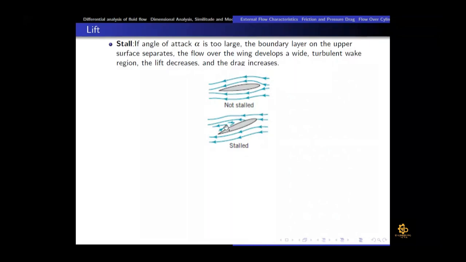So lift would be very high, but when we increase the angle of attack, we are also increasing the frontal area. What is the consequence of increasing the frontal area? Drag force would increase very high. So if the drag force is very high, then the aircraft cruising speed wouldn't be maintained. And when the cruising speed wouldn't be maintained, then because the lift force is directly proportional to the square of velocity, the lift would eventually drop.